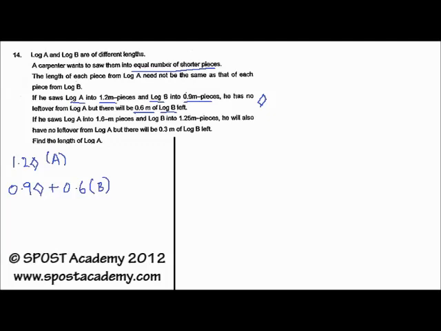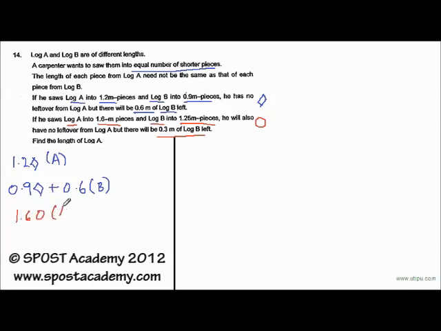In the next scenario, it says that if he saws log A into 1.6 meter pieces and log B into 1.25 meter pieces, he will also have no left over from log A, but there will be 0.3 meters of log B left. So if we assume that in this second scenario he will have an equal number of pieces, which is equal to a circle, then the length of A would be 1.6 times circle.